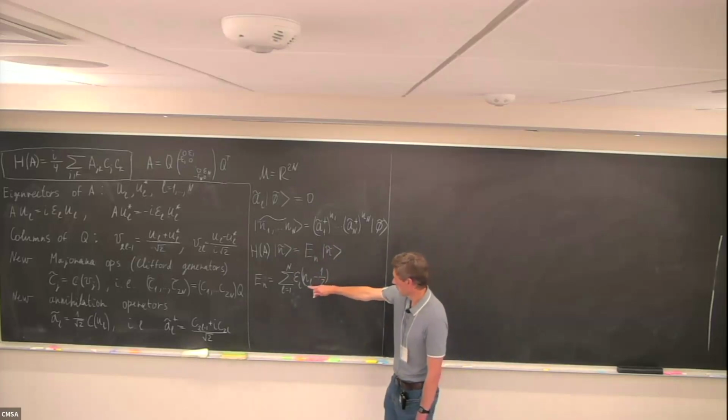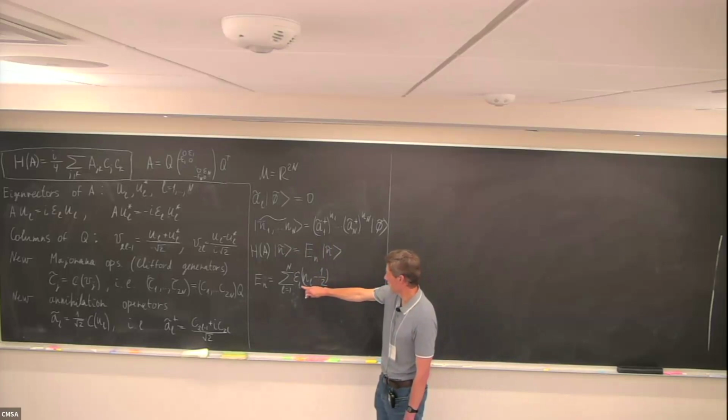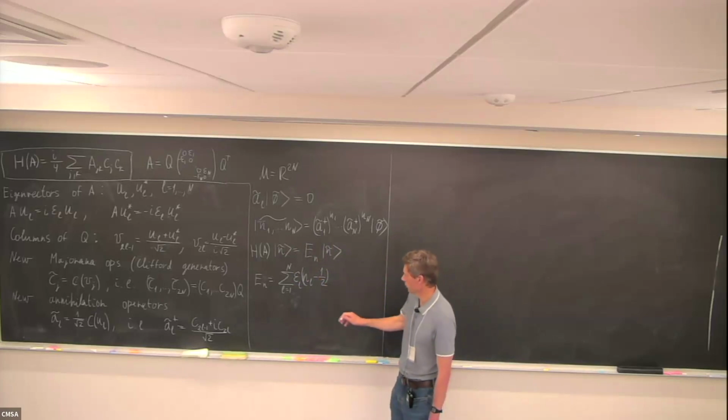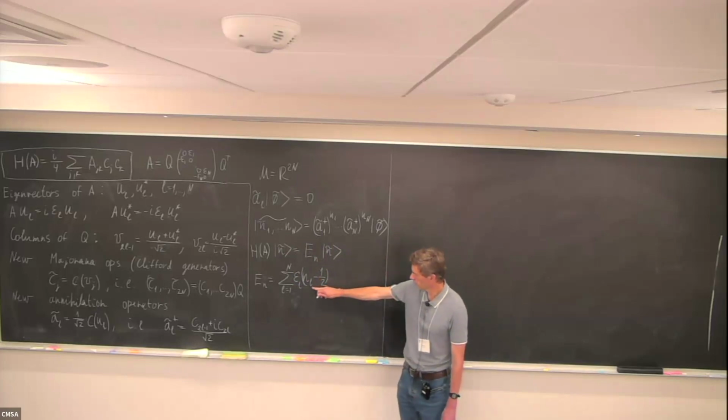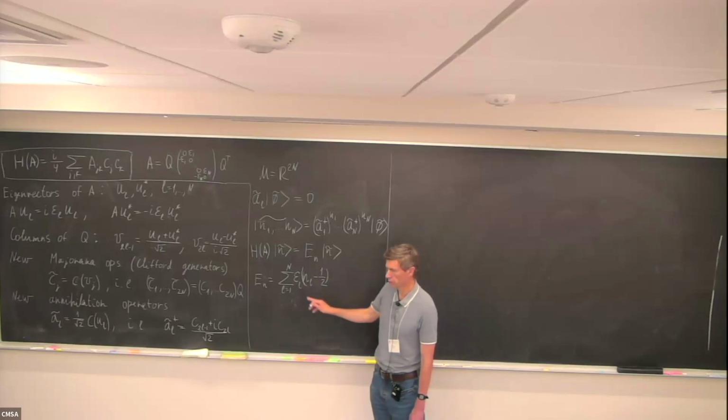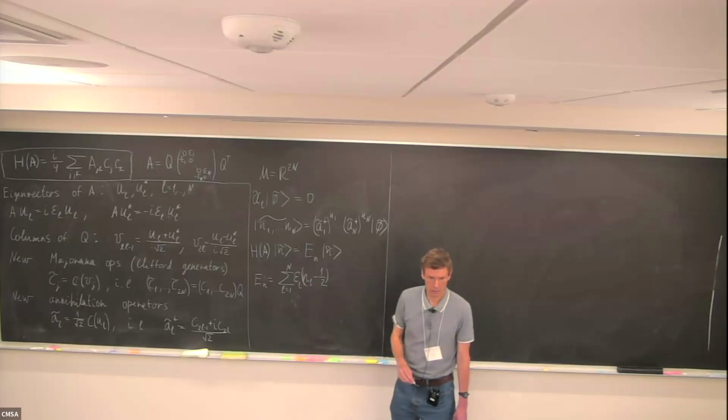meaning that if we are in the ground state, then the energy is negative. There will be minus 1/2 everywhere, and the epsilons are non-negative. But if one of the Majorana modes is excited, then the energy will be increased by epsilon l.